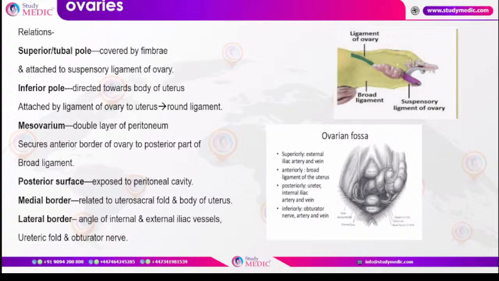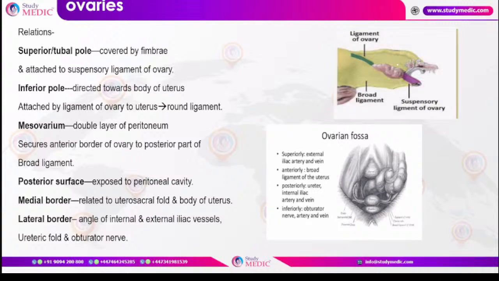Whenever you open the abdomen, remember, go in and see. You will see three structures, and the anterior-most part will be the round ligament. Then you have the tube, and posteriorly you will have the ovary.